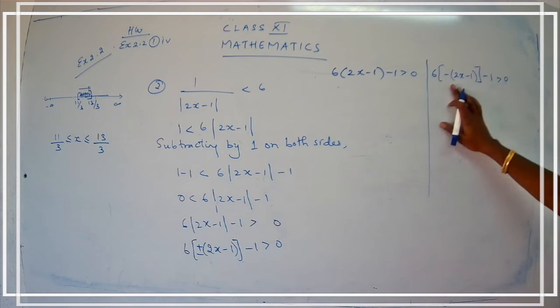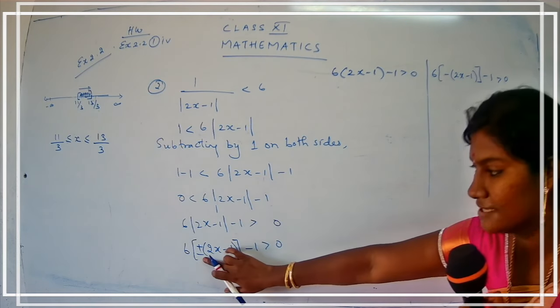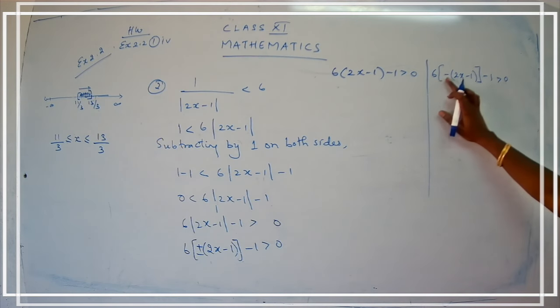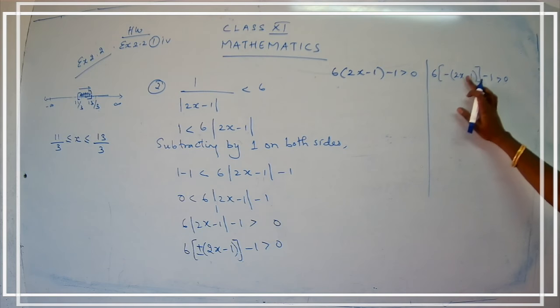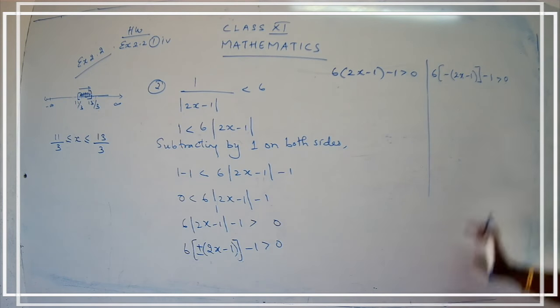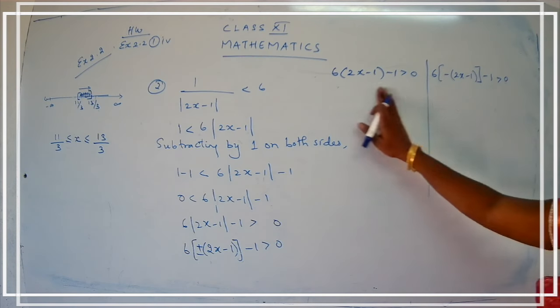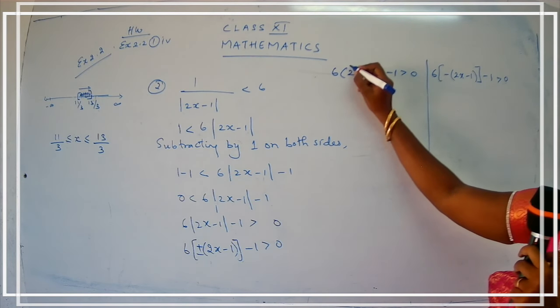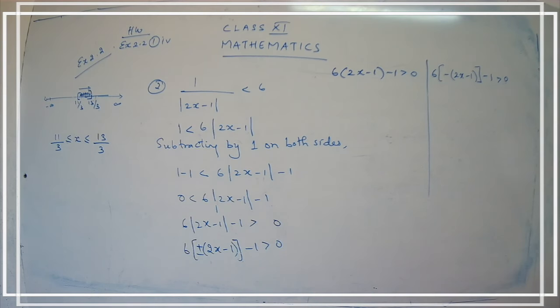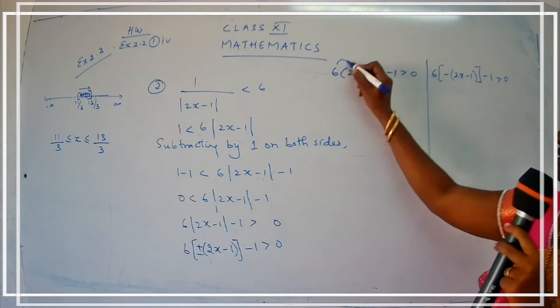For the second case, I have taken the negative sign: 6 times minus 2x minus 1, minus 1 greater than 0. Clear? Let's follow up with the sum. I'll do the positive case and you're going to try out the negative case.